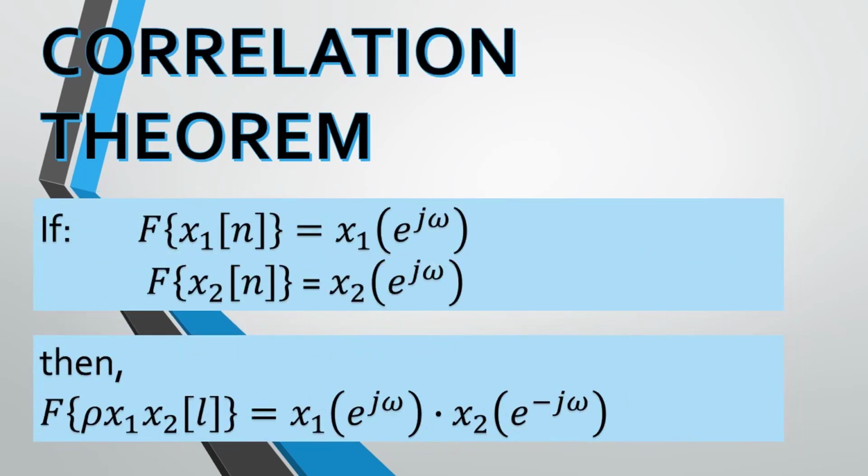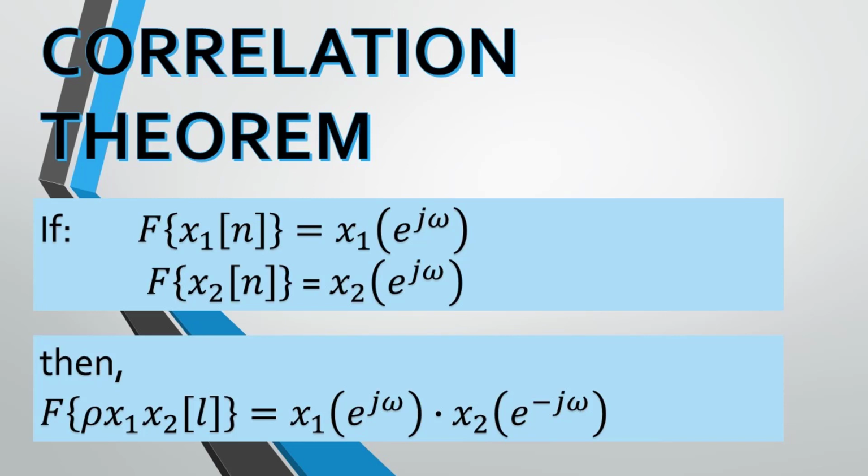The next property is the correlation theorem. Correlation is the relation between two signals, or we can say it is the similarity between two signals x sub 1 of n and x sub 2 of n.